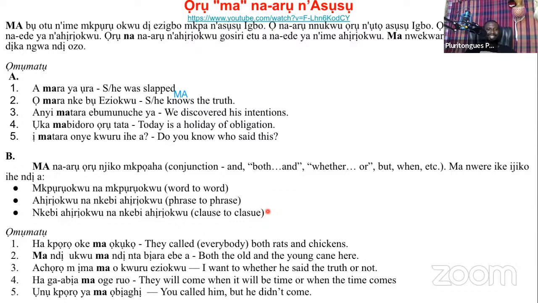Ugbu a, nke atọ, mba, nke anọ, that is the fourth one. Ha ga-abịa ma oge ruo. So here, ha ga-abịa ma oge ruo. They will come when the time comes, or they will come when it's time, okay?